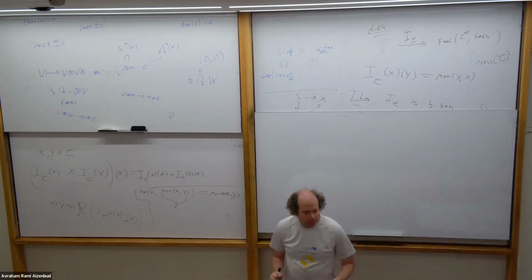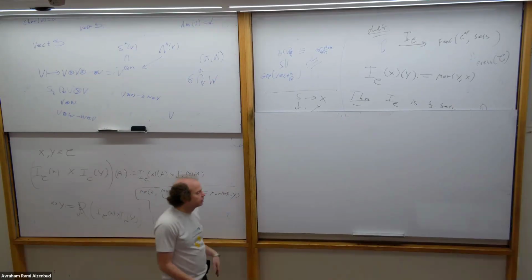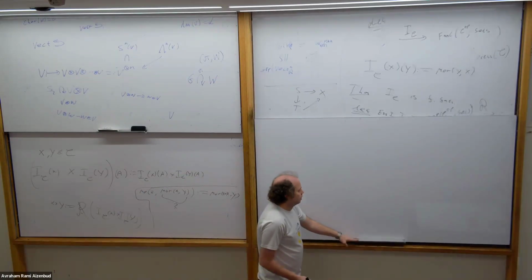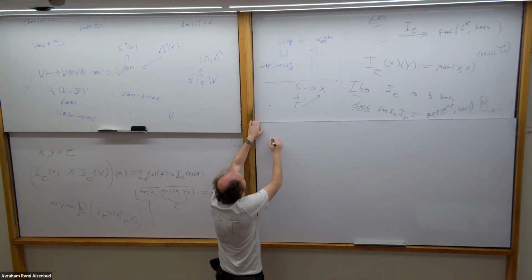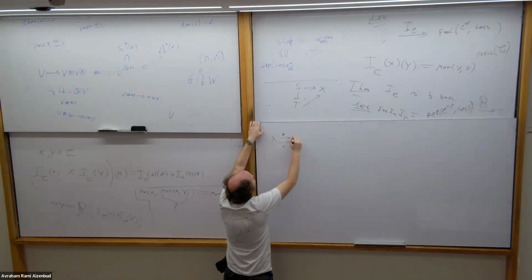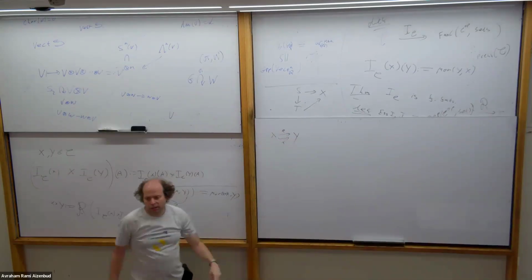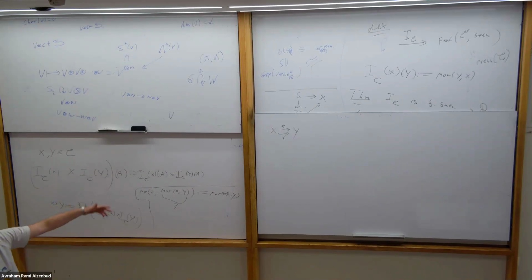Okay, so we'll start with faithfulness and then do full faithfulness. We need some notation first. We have X, Y, and two morphisms of X, Y, and we want to show that if the unit images are different, then they are different.